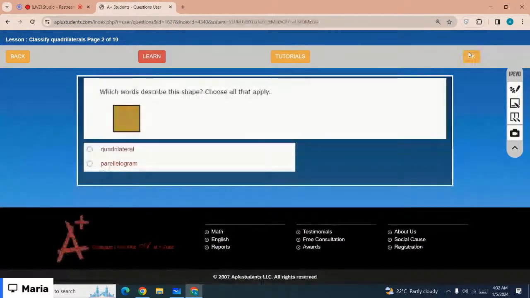Which words describe the shape? Choose all that apply. Is it a quadrilateral or a parallelogram? Which is the correct option? The correct option is that it is a parallelogram.